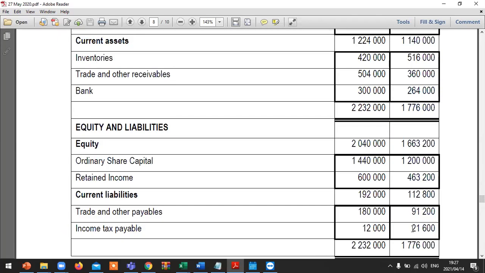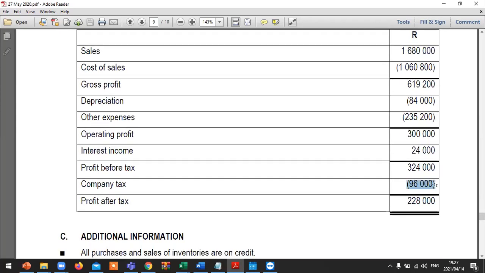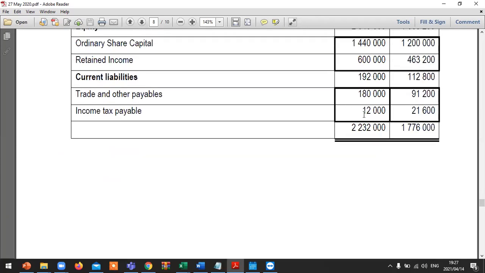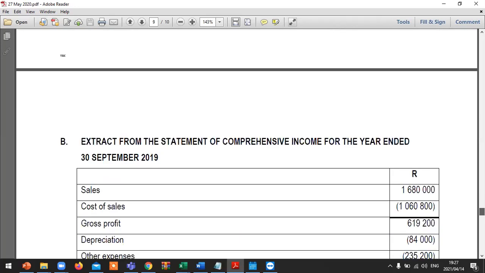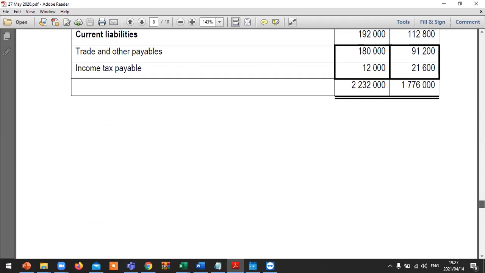You're gonna say previous balance plus the company tax on the statement of comprehensive income, then minus the current balance for the company tax, the income tax payable. So we're going to say 21,600 plus 96,000 minus 12,000. That's the formula. That's the only basic formula you use to determine the company tax paid.